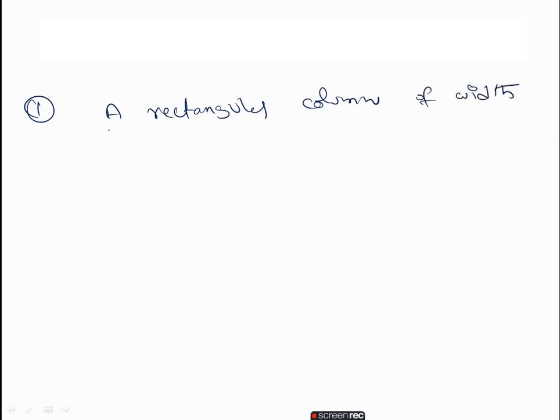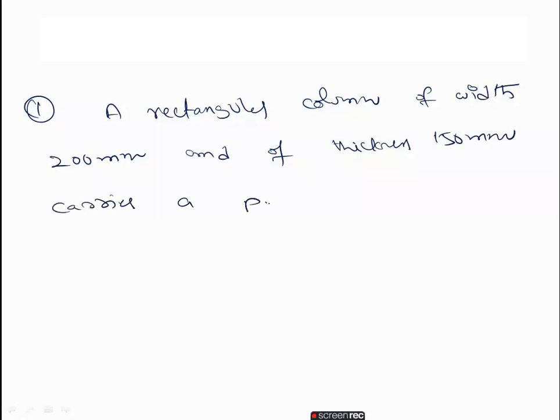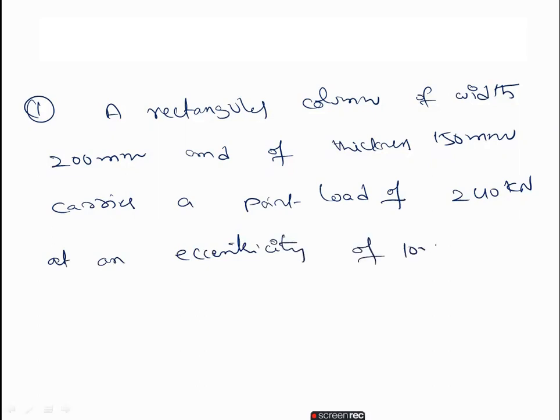A rectangular column of width 200 mm and of thickness 150 mm carries a point load of 240 kilonewtons at an eccentricity of 10 mm.